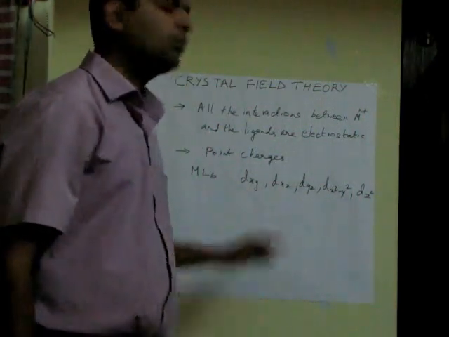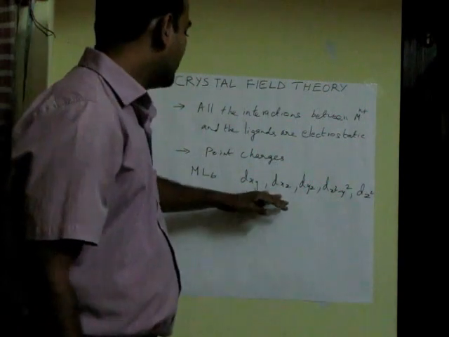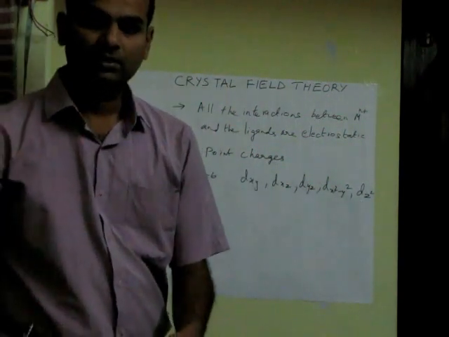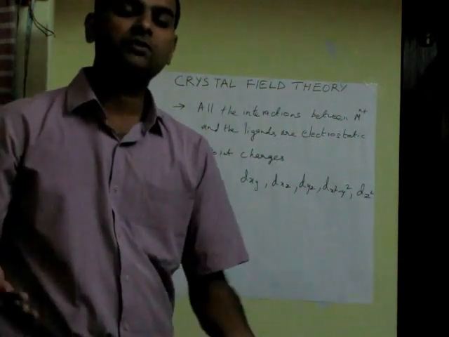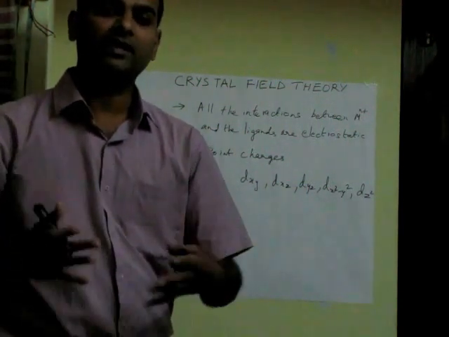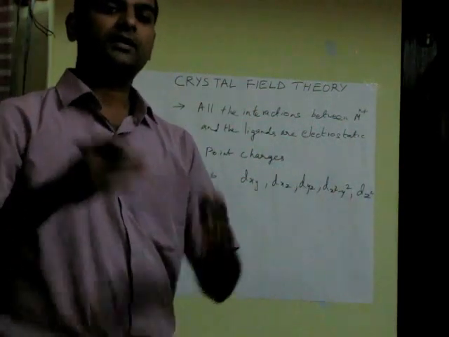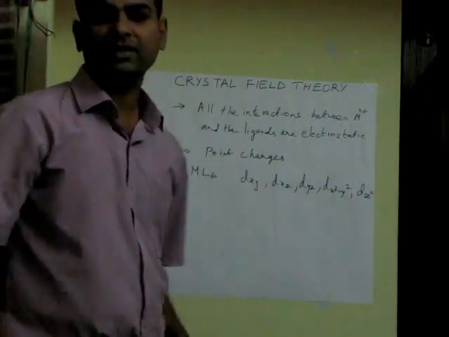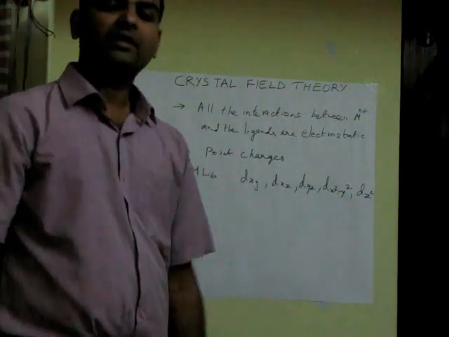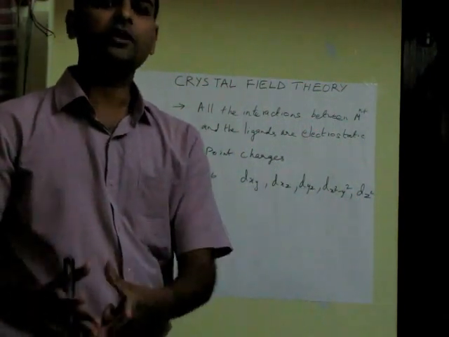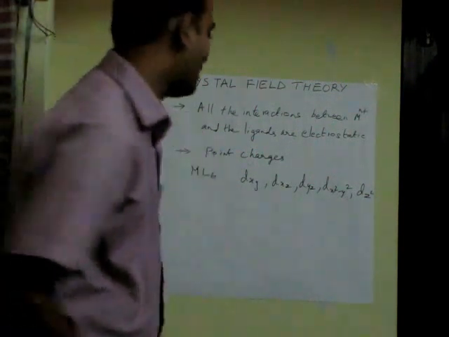These 5 degenerate d orbitals split into sets of different energy levels because of selective interaction with the incoming ligands. So in the case of an octahedral geometry, this is what happens.